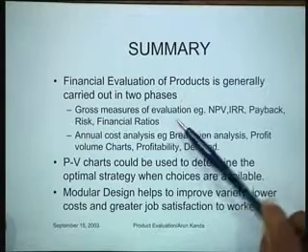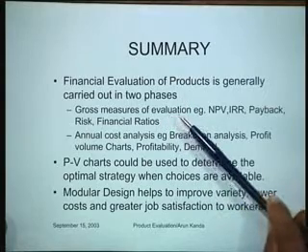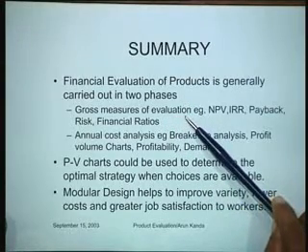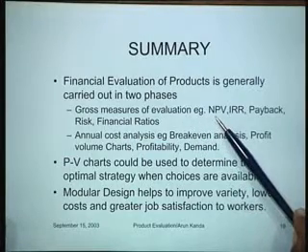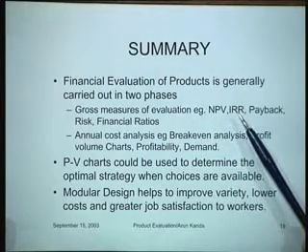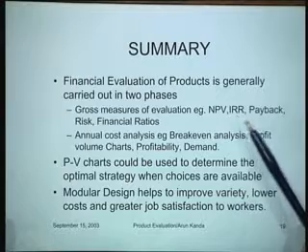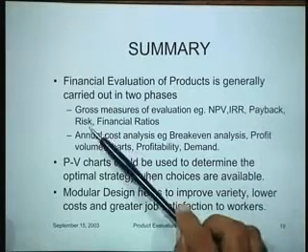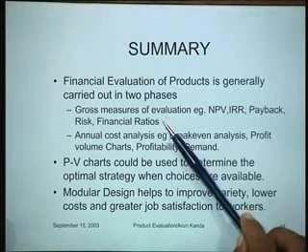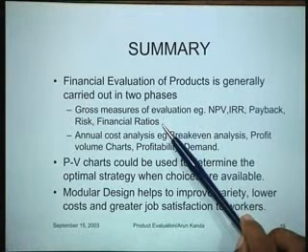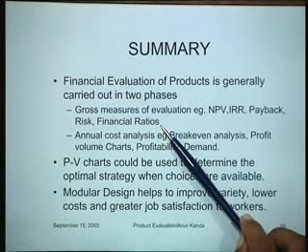The first phase is the phase where we talk about gross measures of evaluation, and here we are talking about the net present value determination, the internal rate of return, the payback, the risk, and the financial ratios. And these are some things that we had already discussed when we were talking about the financial evaluation of capital investments in a previous lecture.